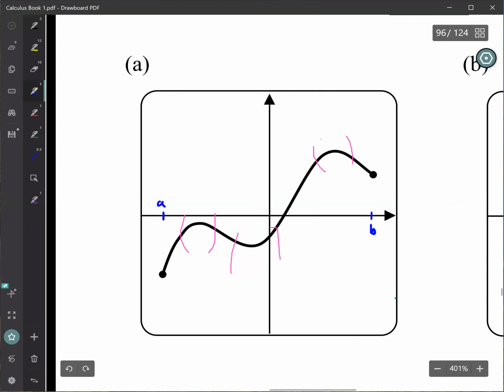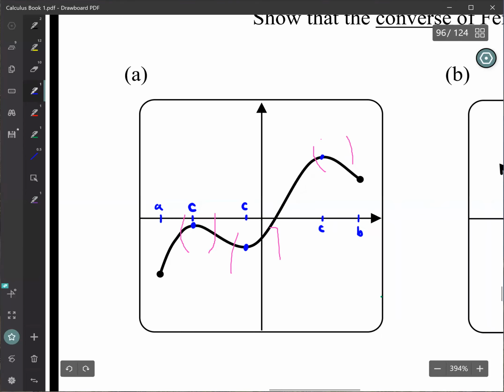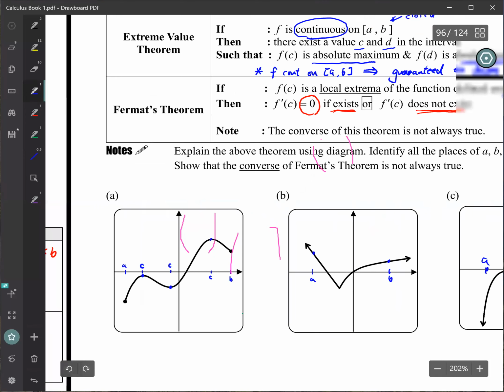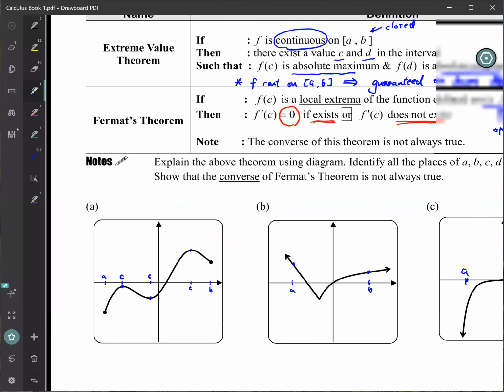So these are the points c. c will be here, and there is another c there. Okay, Jesse, can you help me clear the drawing? So we found the three locations, three local ones.